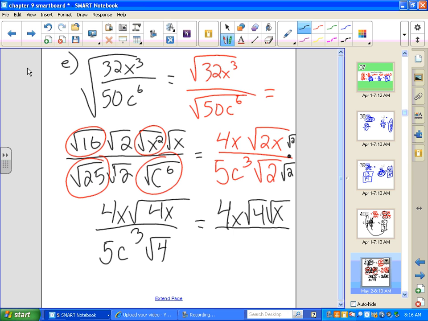So square root of 2 times square root of 2 is square root of 4. Square root of 2x times square root of 2 is square root of 4x. At this point, we're just separating them and simplifying. The bottom is 5c cubed times 2 because square root of 4 is 2. Sean.